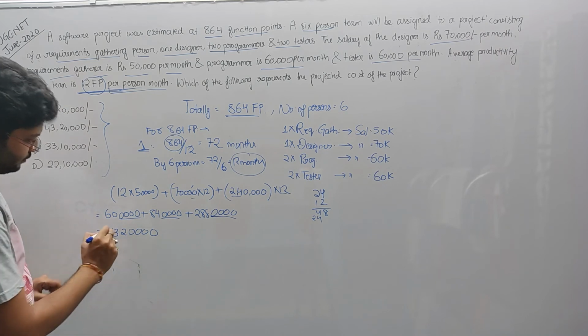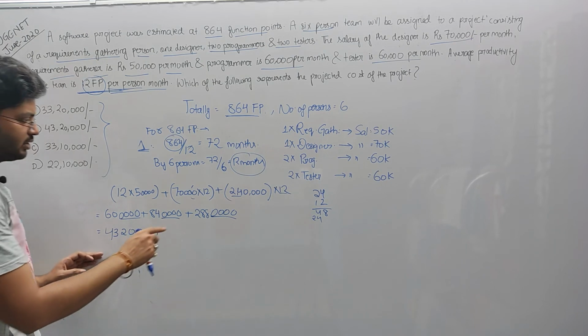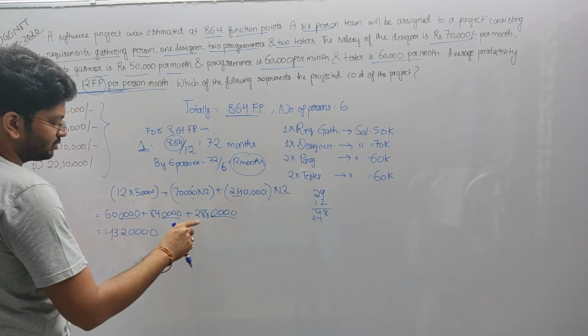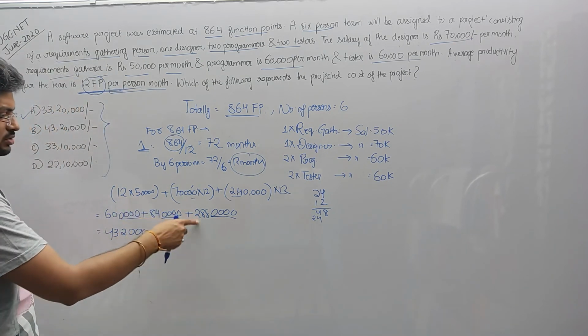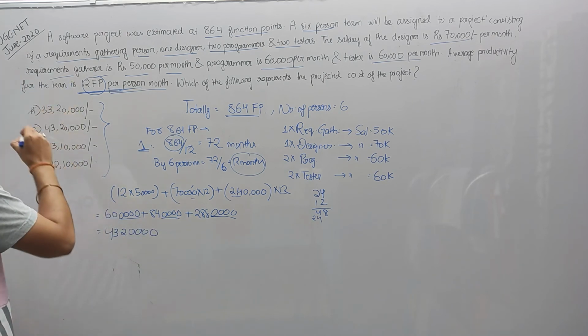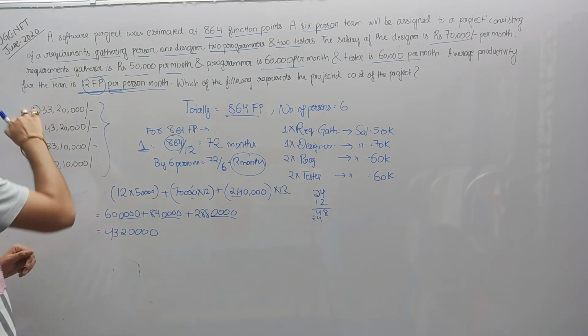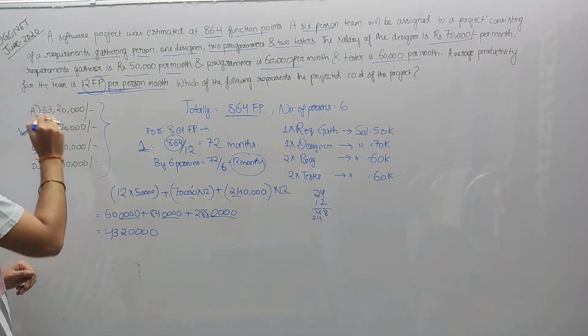So here it is basically 4 4 3 2 00. The carry will be 2 plus this 2 will be 4. So it was by mistake. So the answer will be option B here. This is the correct option, option B is the correct answer.